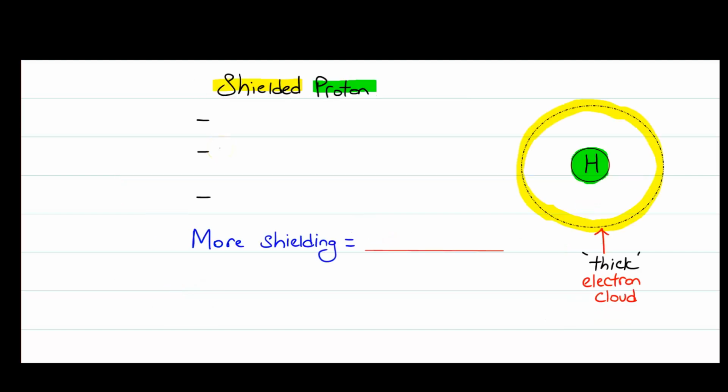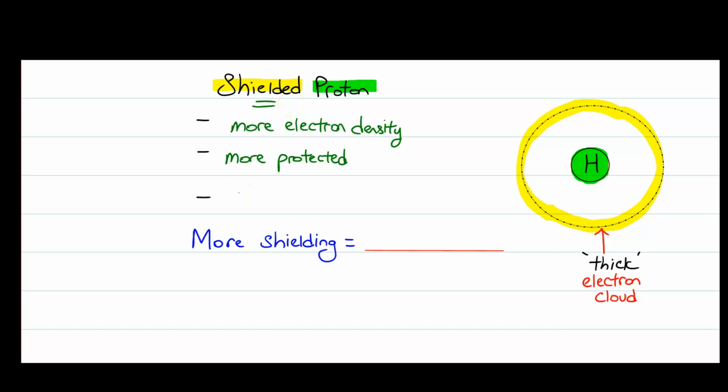Now, let's talk about shielding. Electrons around a proton act like a protective cloud, so more protected. If a proton has plenty of electron density around it, it is more shielded from the external magnetic field.